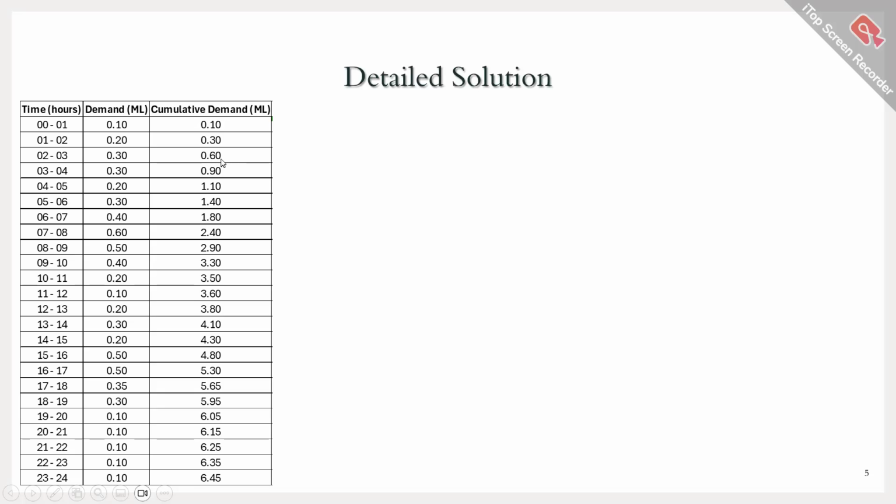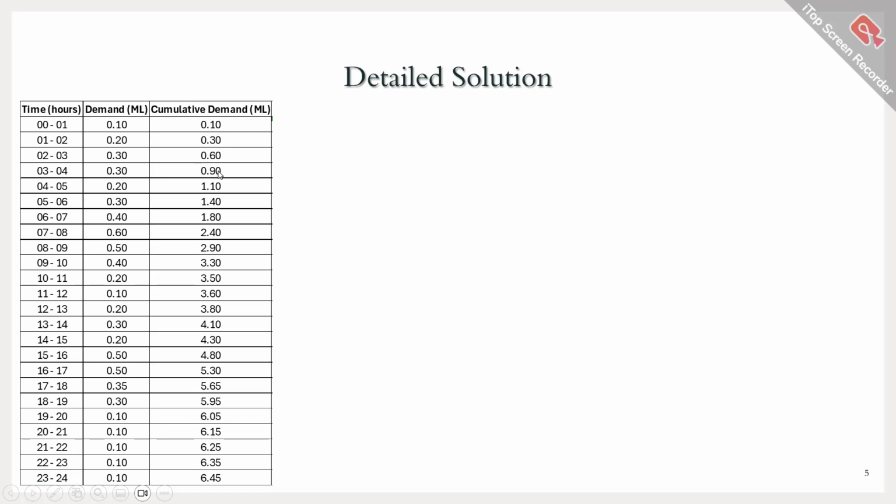The third hour cumulative demand will be the cumulative demand of the second hour plus the demand at the third hour. So 0.3 plus 0.3, 0.6. In this way, it will proceed. So at the fourth hour, the cumulative demand will be the demand at the fourth hour plus the cumulative demand at the third hour.